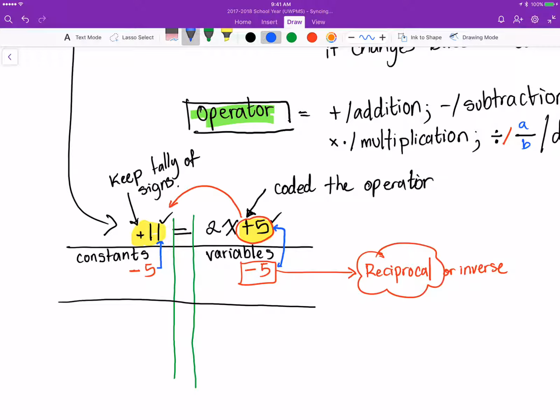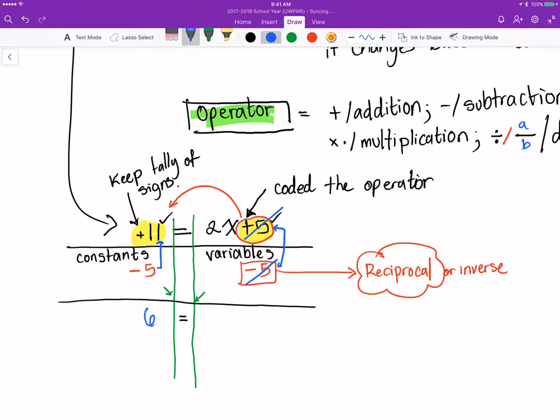So minus 5 plus 11, that equals 6. And pay attention that plus 5 minus 5 equals 0. By design, they're meant to cancel one another. Equal. Now the green bars right here are just a visual way for me to say, that's where my equal sign will always go.